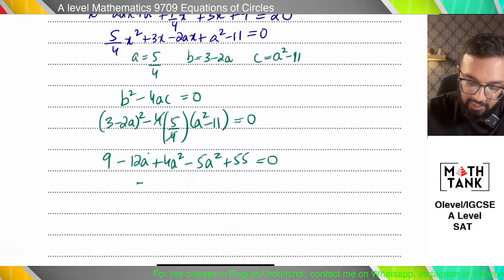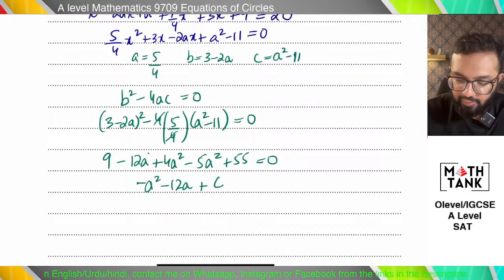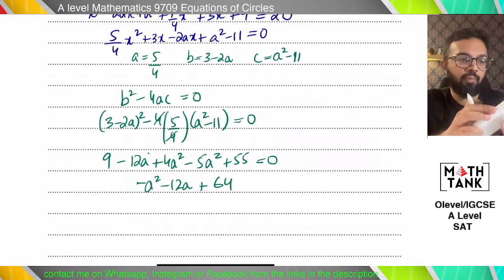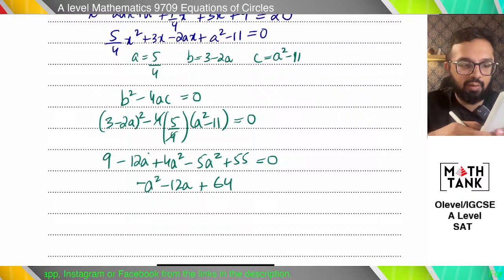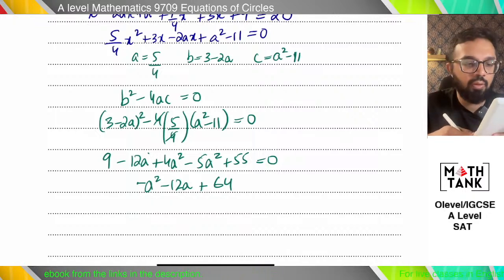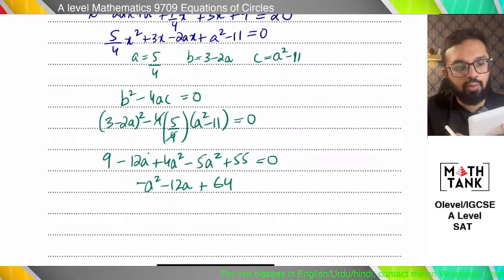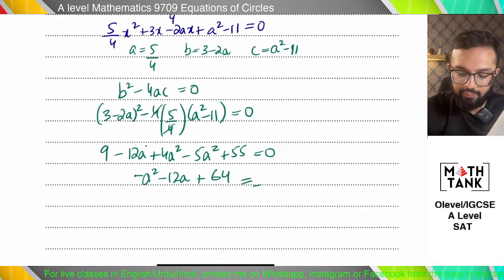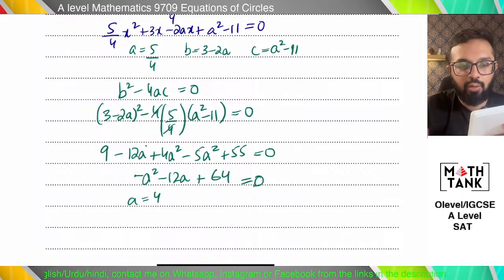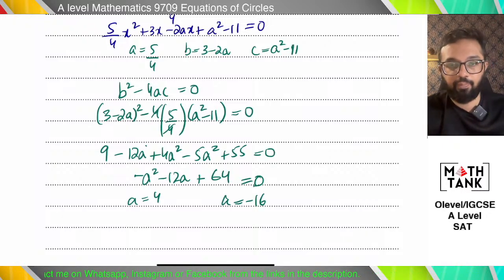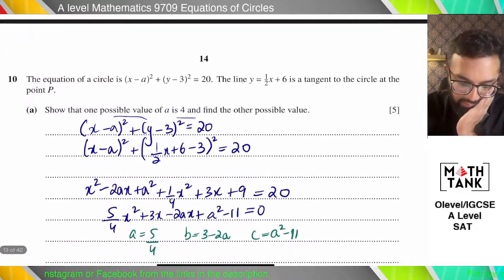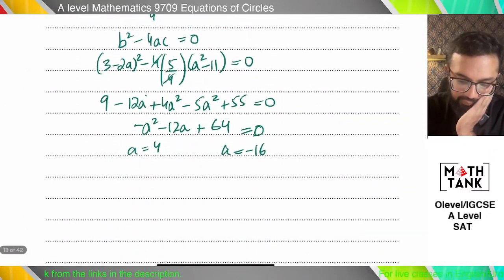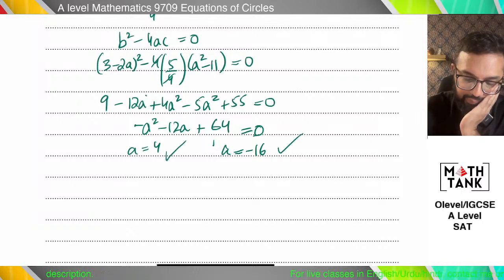So I have minus a squared minus 12a plus 64. 55 plus 9 should give me 64. These are 16 and 4. So a can have two values. a can be 4 or a can be minus 16. Okay, I found out the other value. I found out both values.